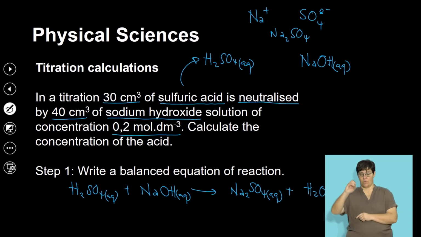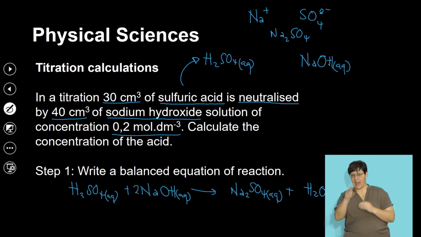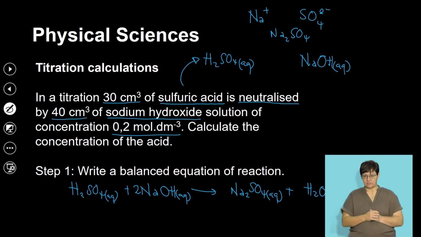Is the equation balanced? Let's check. Already we see that there is 1 atom of sodium on the left and 2 on the right. It means here we need to put a 2, right? If we do that, then we ask ourselves, is hydrogen balanced? What do we have? We've got 4 hydrogen on the left, and on the right we only have 2.